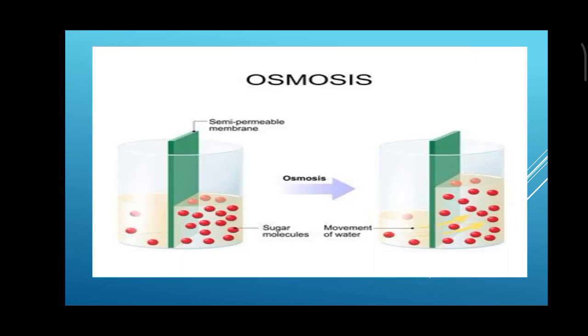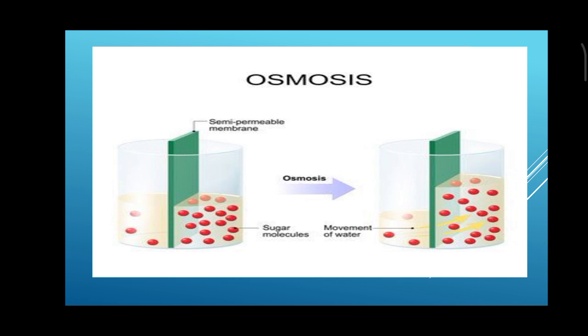Let us discuss what is osmosis. Osmosis is a phenomenon that occurs if we separate pure solvent and a solution by a semi-permeable membrane. The pure solvent will be on one side as shown and the solution will be on the other side.